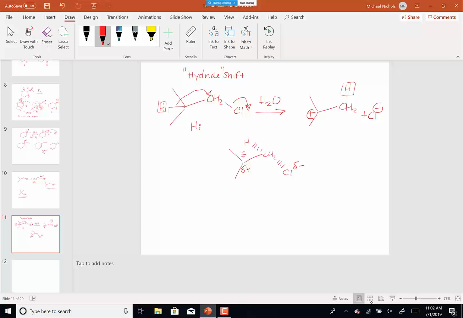Now, this can also happen with methyl groups. So if I change this molecule and make it like this and react that with hydroxide, and I look at all the products that are formed, I'm going to actually see a product that looks like this.